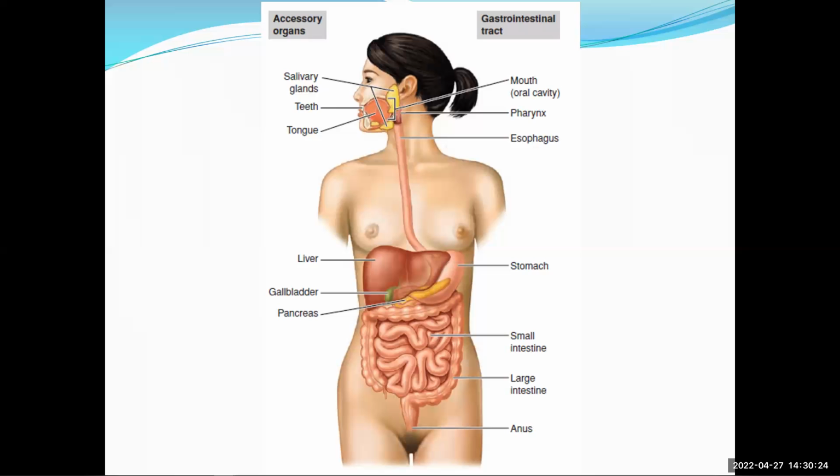Anybody familiar with the term peg? Yes, a PEG. They put nutrients directly into the stomach, so it doesn't go through the oral cavity at all.